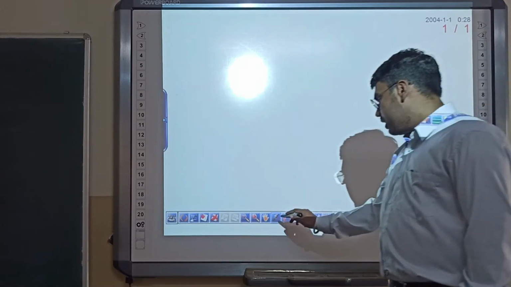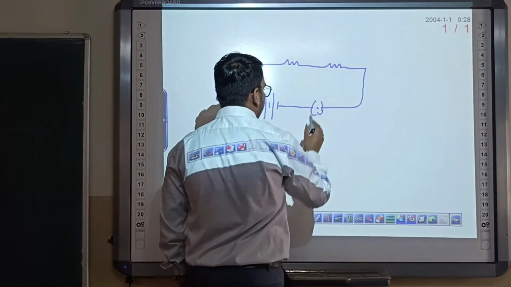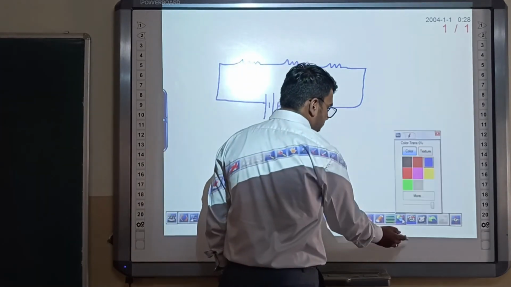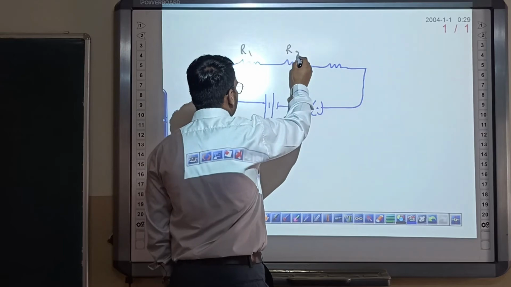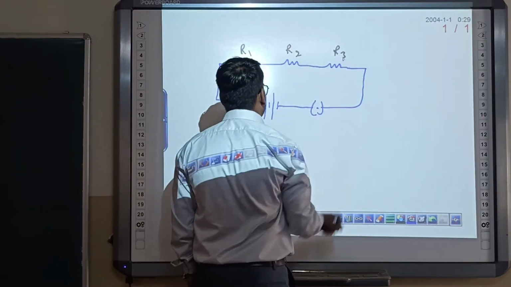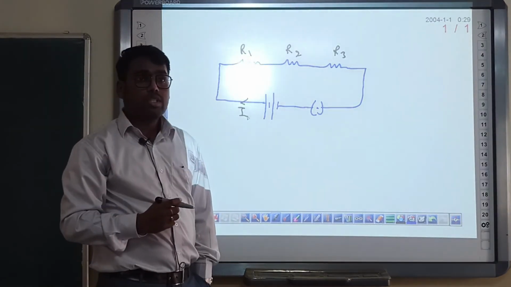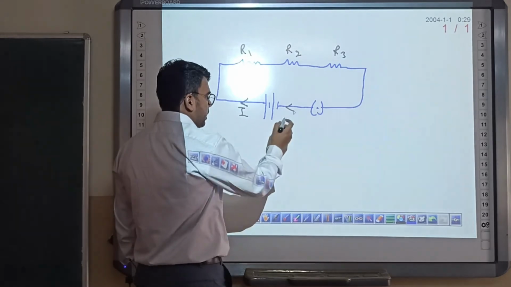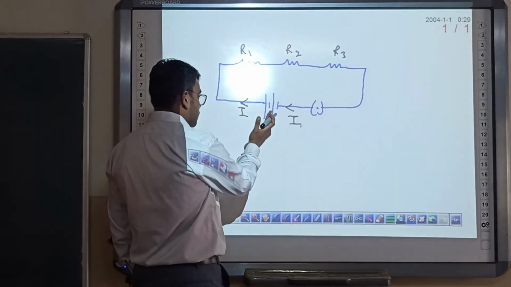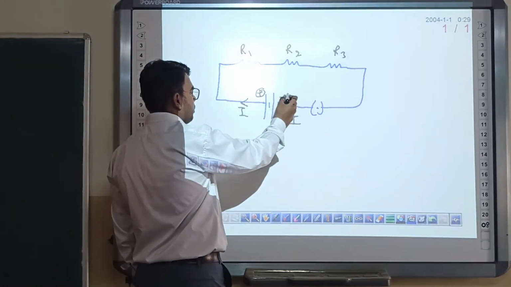Okay, so this is how we connect in parallel. For series, every appliance can be controlled by a single switch. We call it connection in series. Let us say this is R1, this is R2, this is R3. The total current from the battery is I, and we know the law of conservation of charge: the amount of charge coming from the positive terminal will come back to the negative terminal.